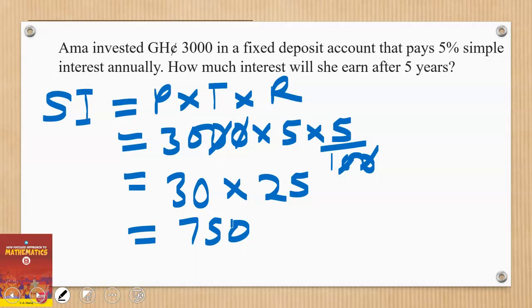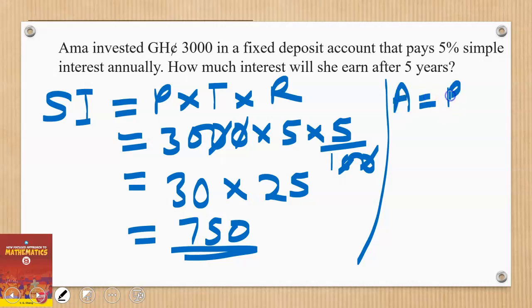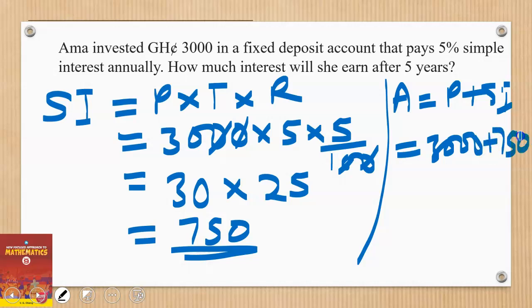In some cases, you could be asked to find how much will be the total amount received by Amma at the end of the 5 years. When that question comes, it's a matter of knowing the interest to be 750. Then your amount will be equal to the principal plus the simple interest. And so the principal is 3,000 and then the interest accumulated is 750.